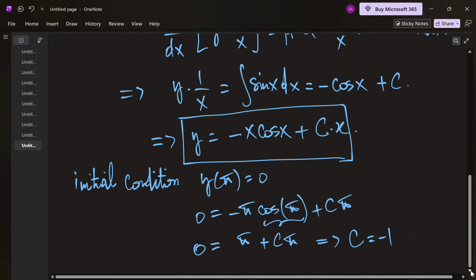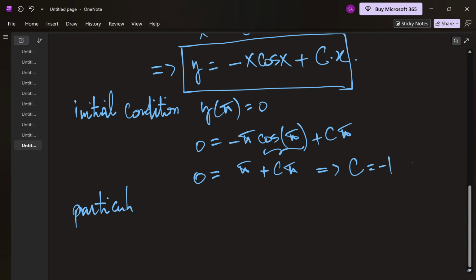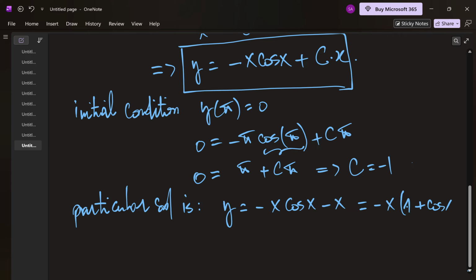When you substitute, you will get the particular solution, which is y is equal to minus x cos x minus x. So it is minus x times 1 plus cos x.